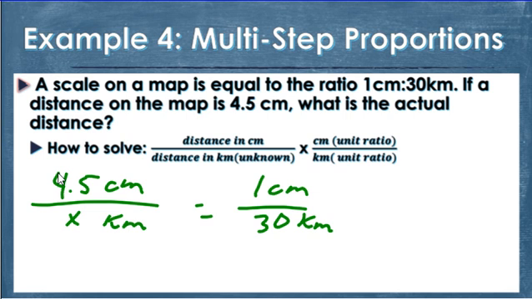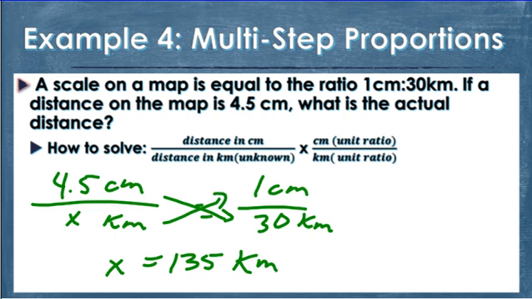So we can cross multiply and divide. So cross multiply, then divide. So I have 4.5 times 30, which will give us 135 kilometers, the actual distance.